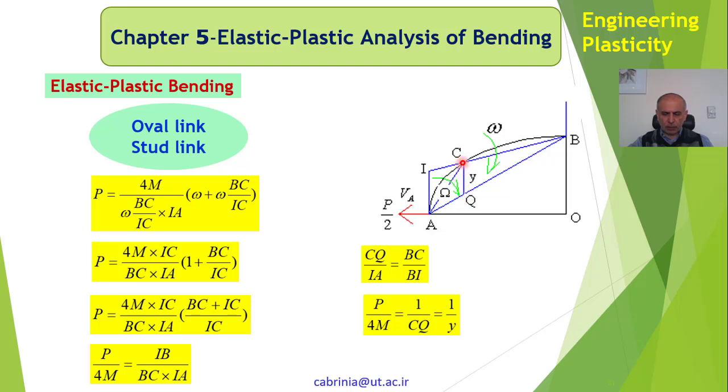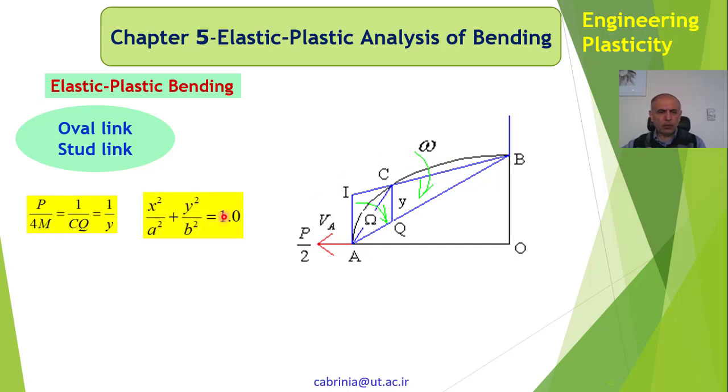So if Y becomes maximum, we get our answer P over 4M. So we are going to find the position of point C such that Y is maximum, so that it gives us the minimum for P over 4M.